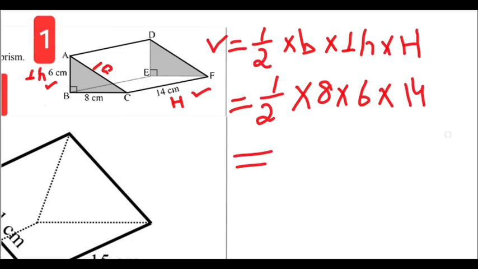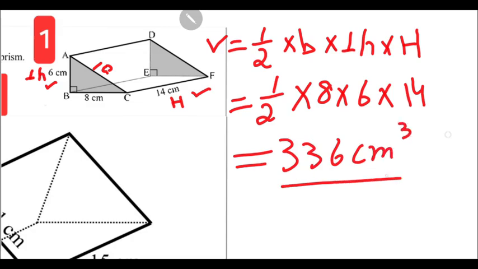So the answer will be 336 centimeters cubed. This is my final answer. This is the volume of the object.